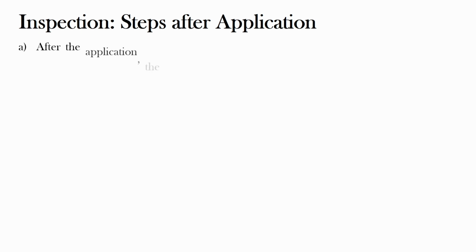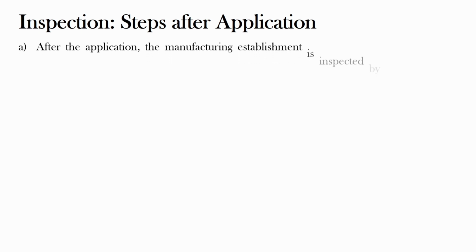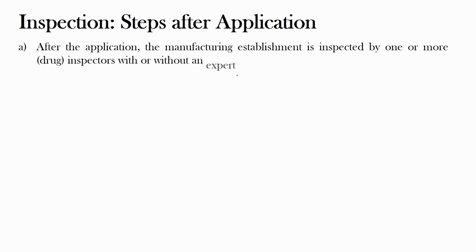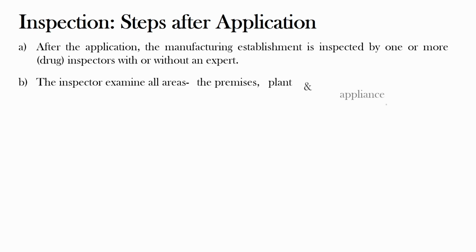After the application, the manufacturing establishment is inspected by one or more drug inspectors with or without an expert. The inspector examines all the areas such as premises, plant and appliances.